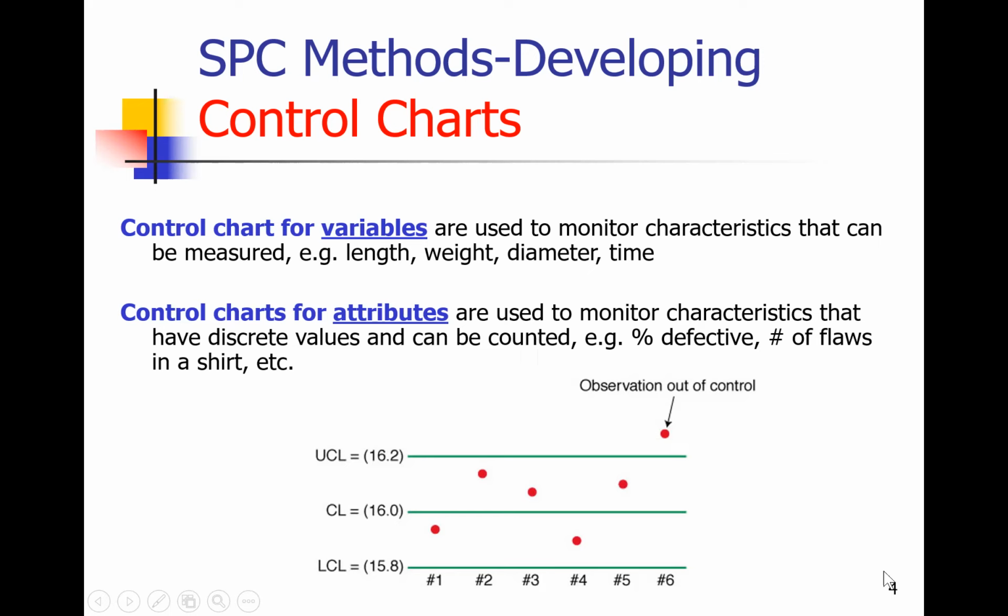The example I have cited here is about attributes, percentage of defect, flaws in a chart, etc. The next examples will make it more clear when you will apply control charts for variables and control charts for attributes. Attributes means discrete values that can be counted, and usually it is measured and there is a range.